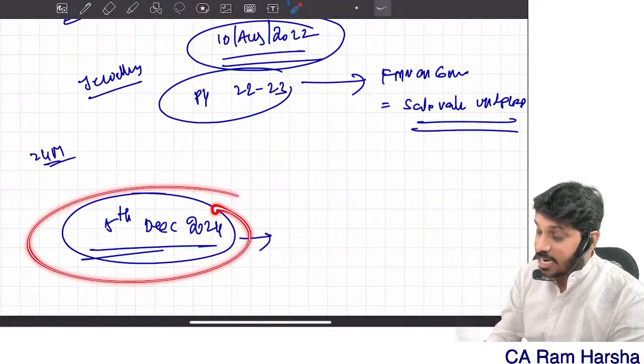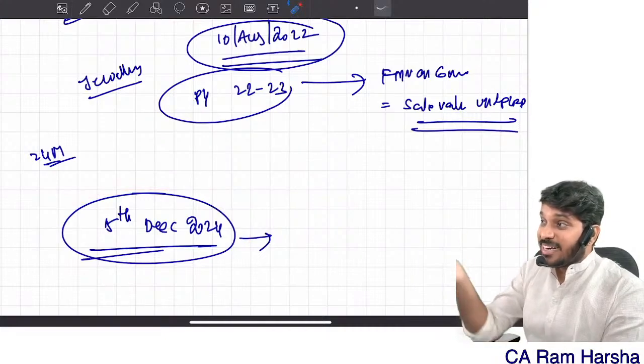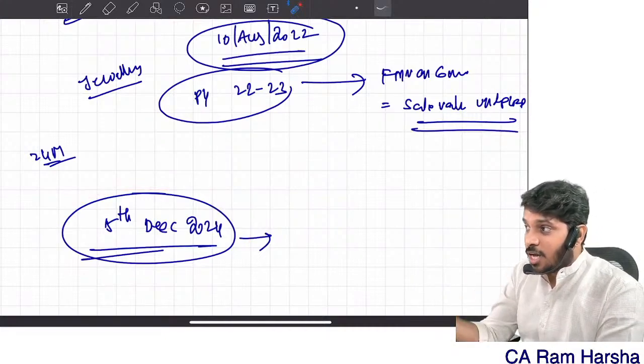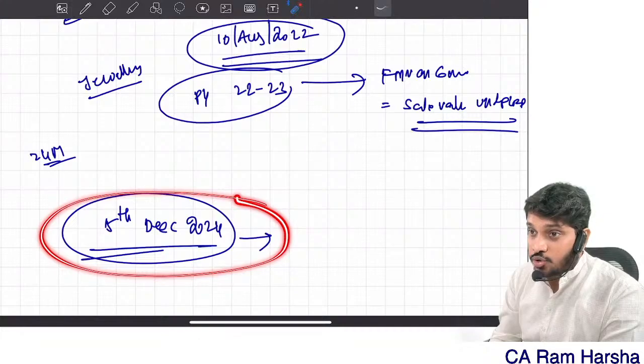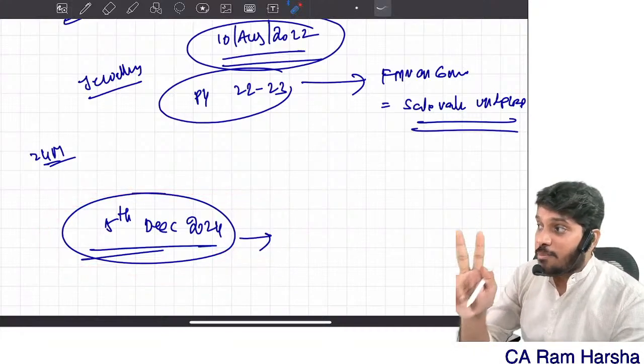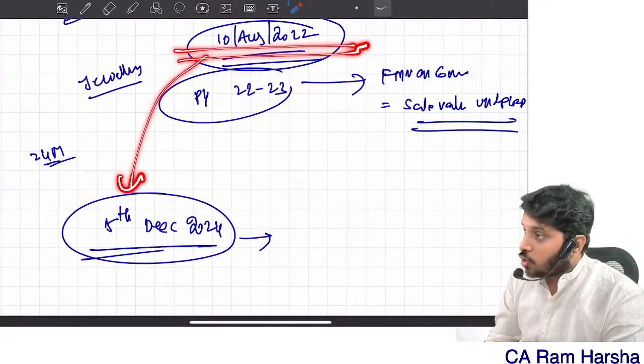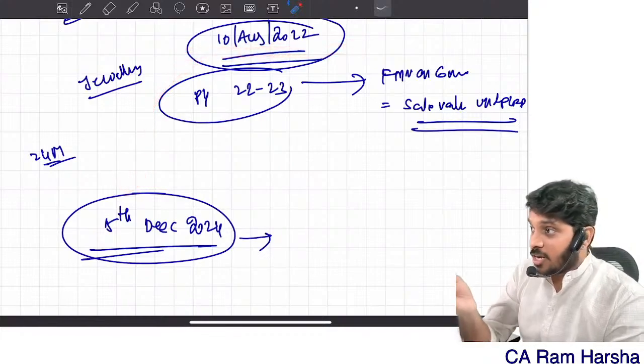What if the asset is transferred before 23rd July? Then the criterion is 36 months. If the holding period is less than 36, it's short term; otherwise, it's long term. But since the jewelry is sold on 5th December, which is on or after 23rd July, 24 months is the criterion. I got this on 10th August, sold it on 5th December, more than 24 months.